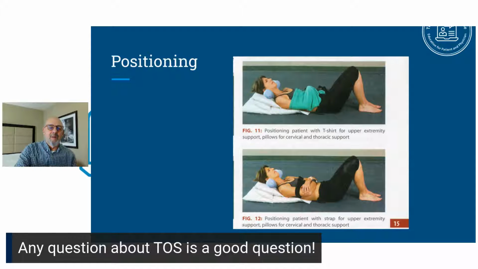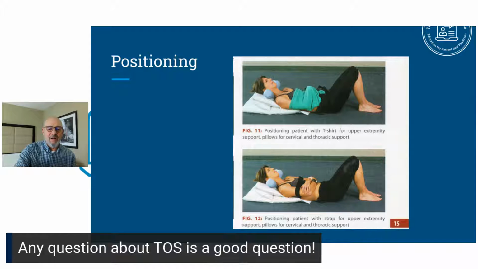The upper picture is the exact same setup, except this is a t-shirt. The body of the t-shirt is down here, so the t-shirt is supporting the arm. The idea is to relax that shoulder, neck, pec minor, scalenes, you could say that too, but just the shoulder and neck position. And then we're doing the diaphragmatic breathing.